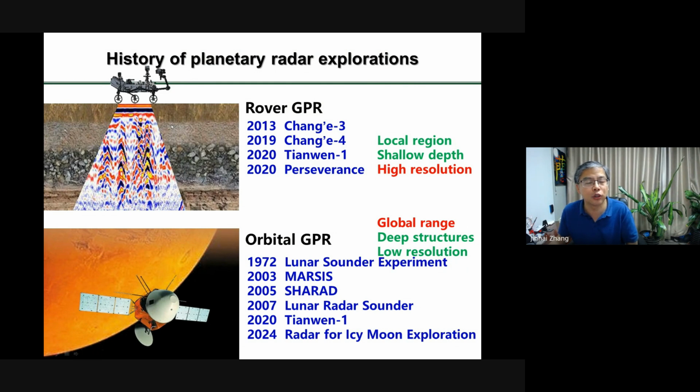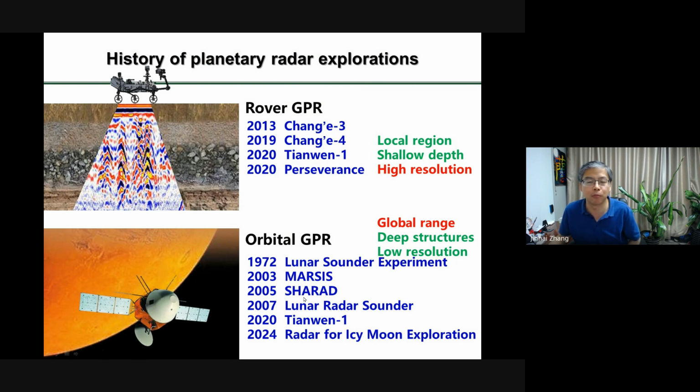Usually, as mentioned above, for the Chang'e 4 mission, the GPR dominant frequency is about 500 megahertz for the high frequency channel, and for the low frequency channel it's still 50 megahertz. However, for the orbital radar, it's only maybe 10 megahertz.